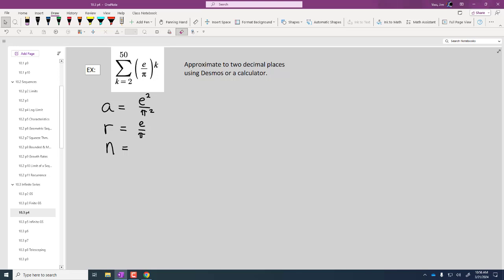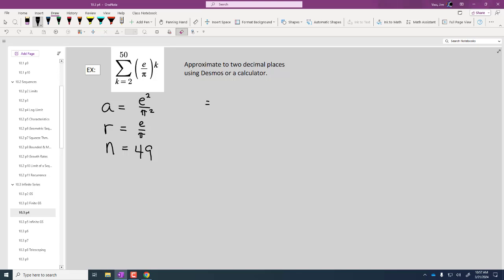Okay, how many terms in this one? 49. Again, you can do it in several ways: 50 minus 2 plus 1. Or subtract 1 from the 2 to get to a 1, and if you subtract 1 up there, you get to 49, and then it will be a counter. So that upper number is your magic number.